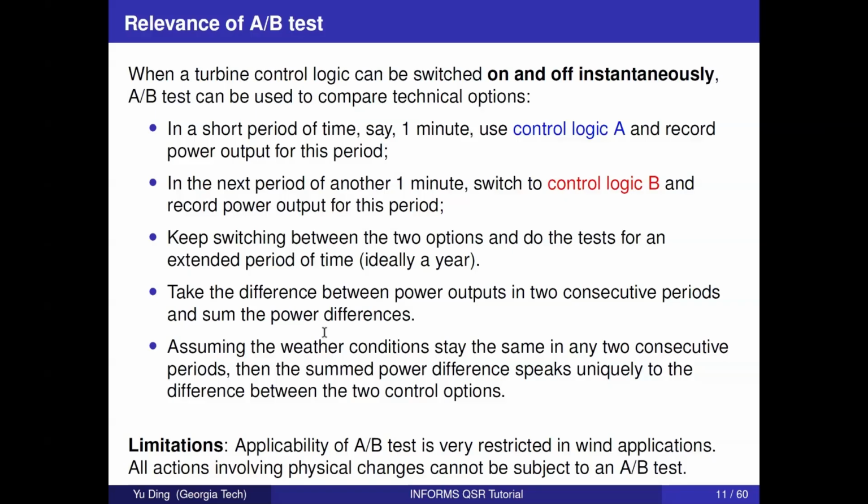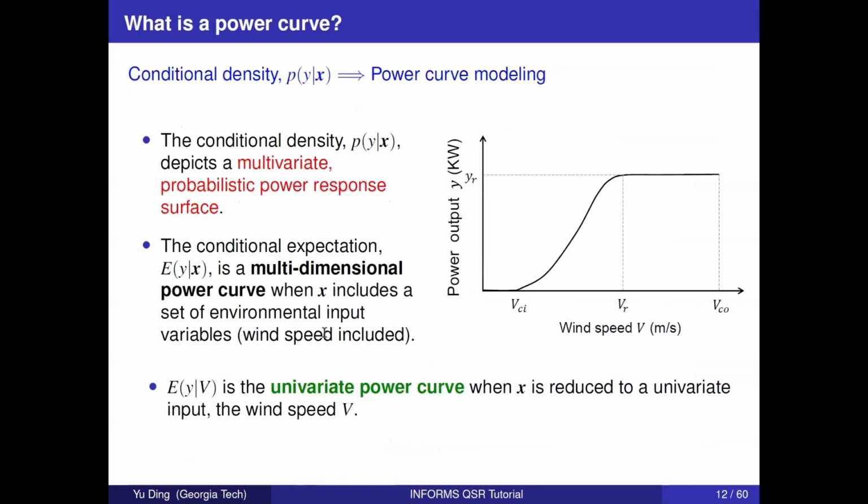So we're still back to this question of the power curve. The power curve is still being used as a primary tool for the performance quantification part. Right, from our mathematical model, the power curve actually is a conditional probability density. The one used in industry is really a function, one simple curve, right?